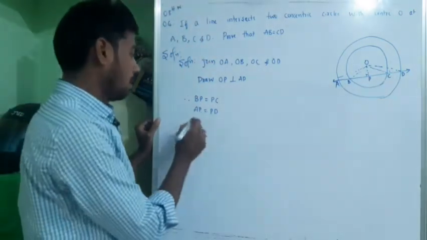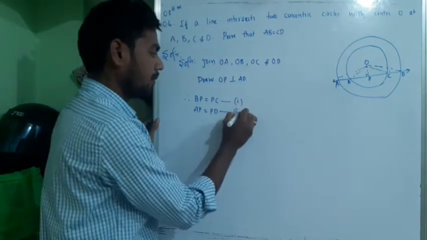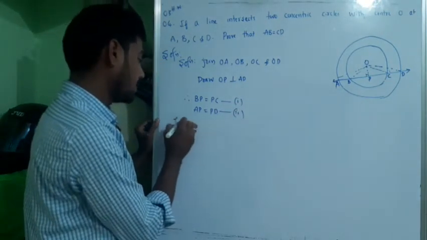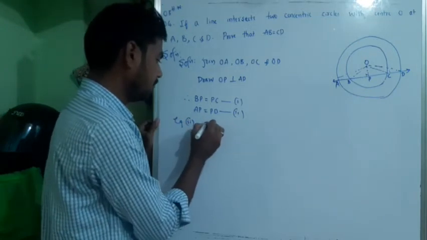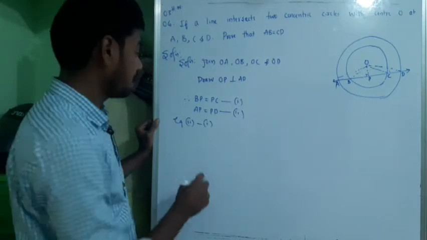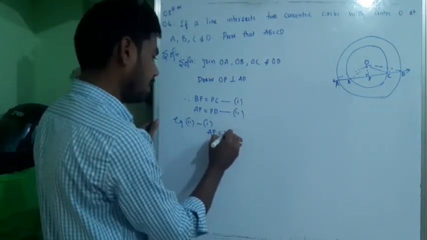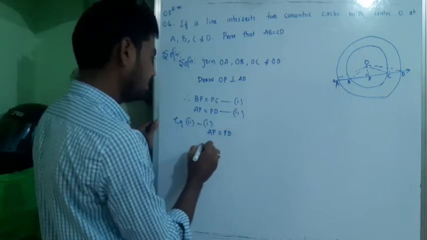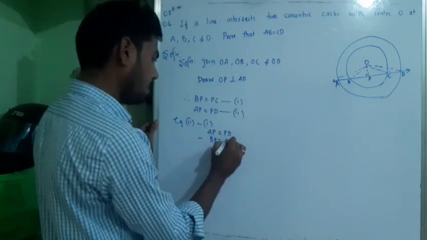Now, I'll call it equation 1 and equation 2. Equation 2 minus equation 1. So, AP is equal to PD minus BP is equal to PC.